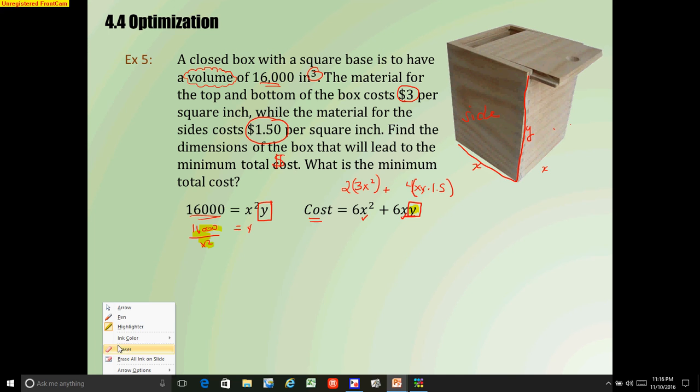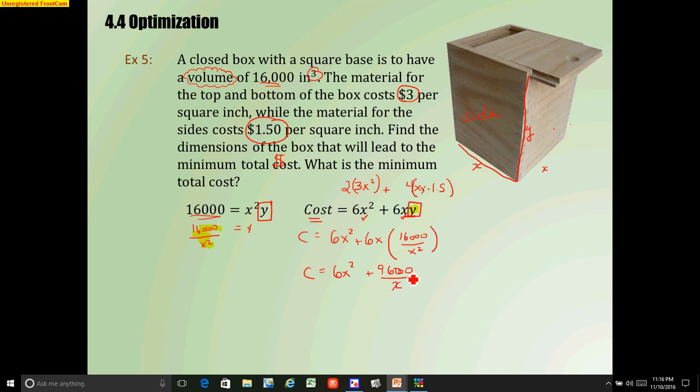So my cost equation looks like that. Simplifies to, right, because I have x squared here and x, so I just have 1.